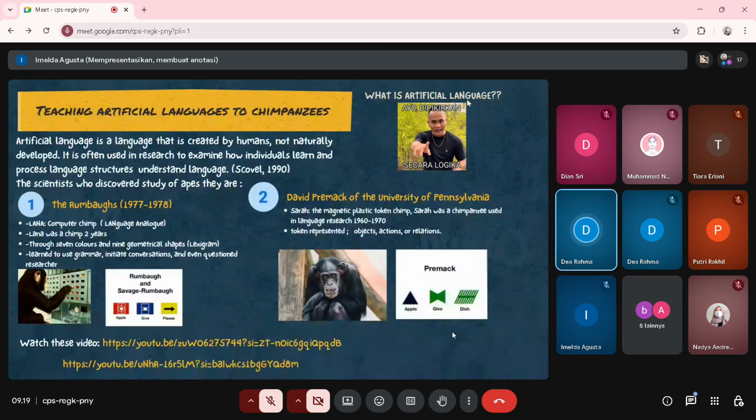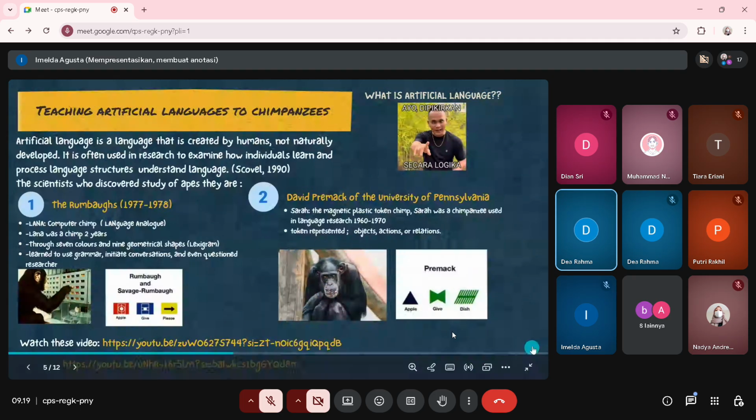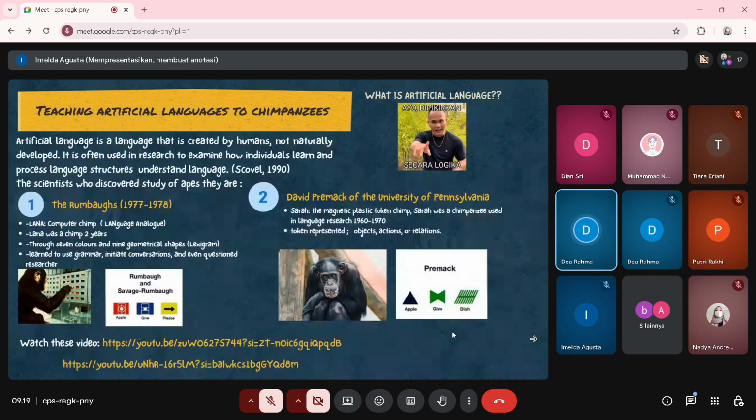And the second is from the research of David Premack from the University of Pennsylvania. The chimpanzee's name is Sarah.